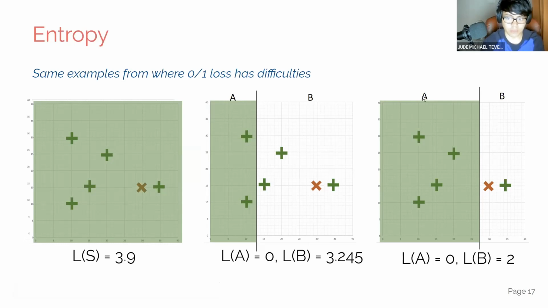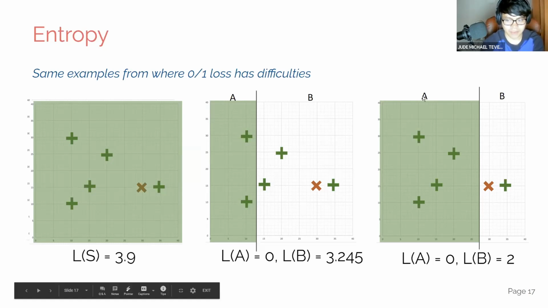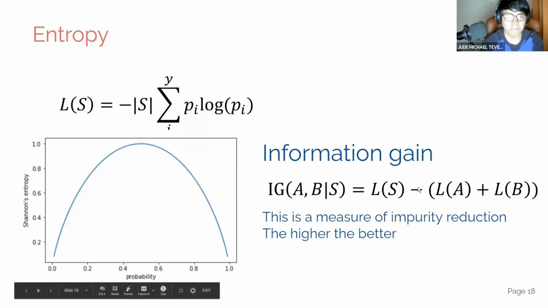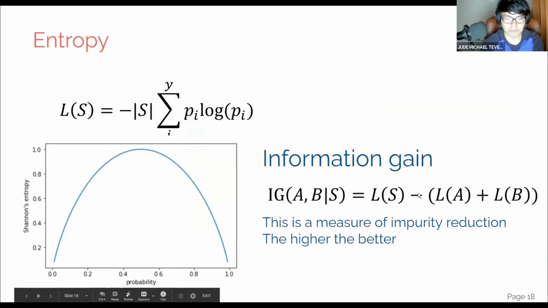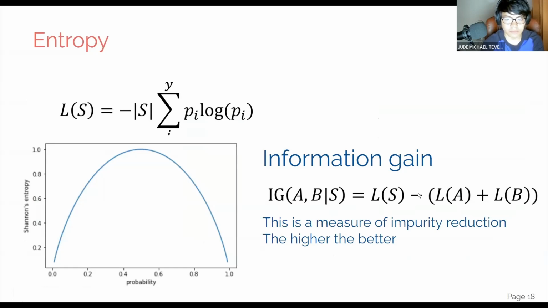Yes, correct. It's the right one because we have a lower loss value here. As much as we can, we want to have 0 loss. Okay. So that's it for entropy.